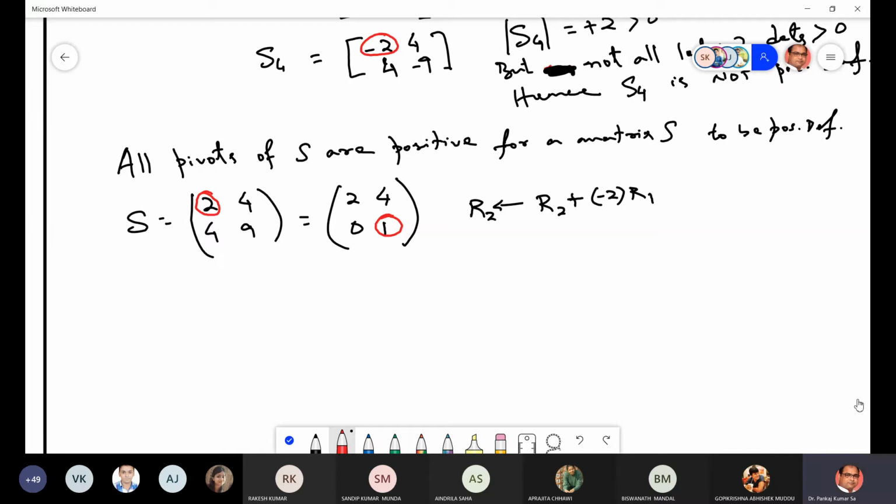It's all related to the determinant only. It's all related to the determinant.